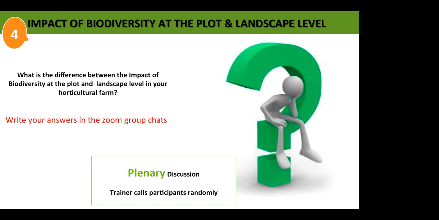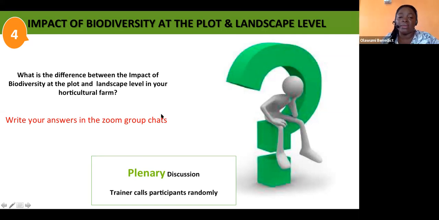Yes. So we'll move on quickly. Noble said on the chat that the impact is negative for his own horticultural farm because the natural landscape has been negatively affected during the cultivation of the plots, and arboreal animals are scarcely found due to the felling of trees. Then he says that although our production is improved and enhanced through the use of pesticide, both harmful and beneficial insects are killed.